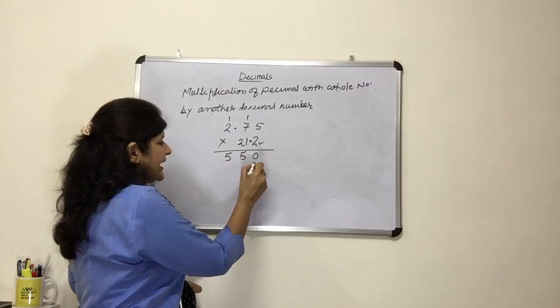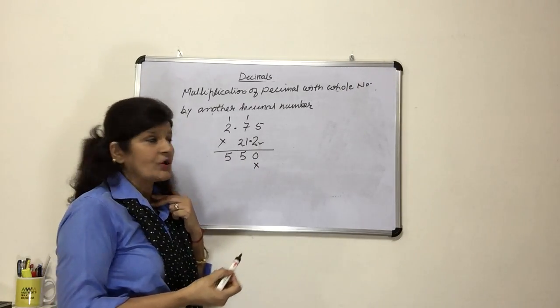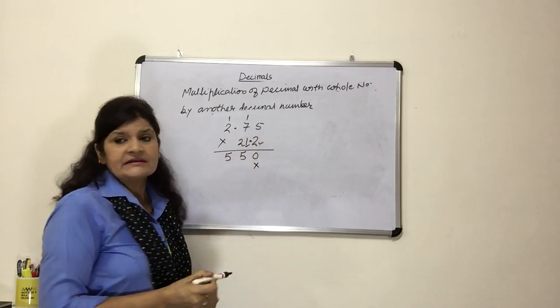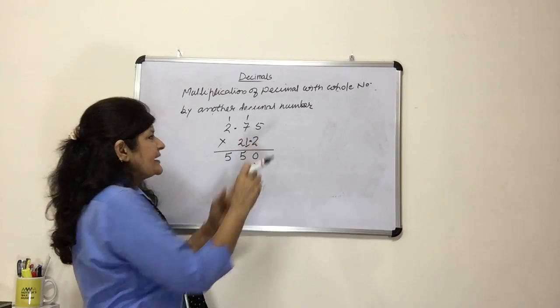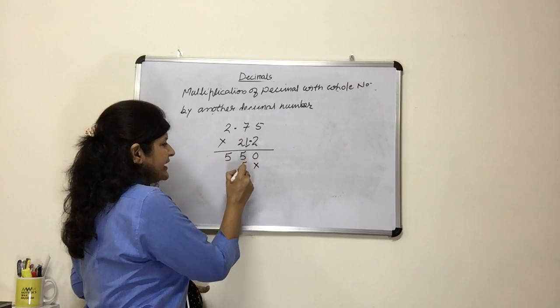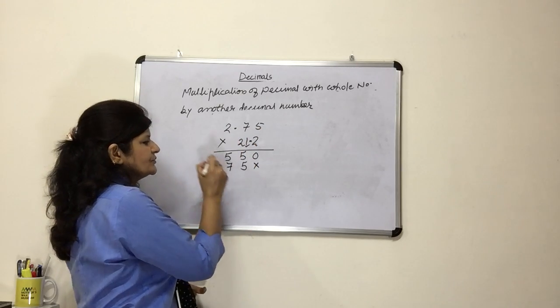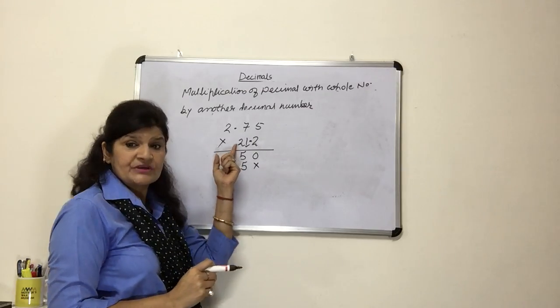Right? Now at the first place, this is the 10th place. So we'll just put either a cross or 0. Now the second number is 1. So now we will multiply the whole number with this 1. So 1 5 is 5. 1 7 is 7. 1 2 is 2. Now coming on, 2 has been left.